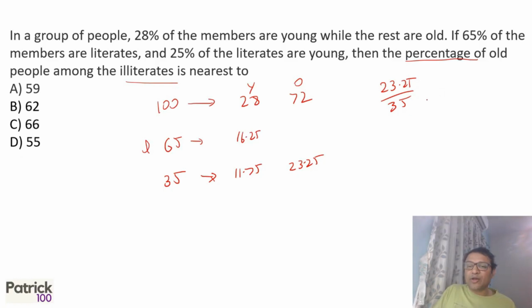Now you can solve it whichever way you want. One way is 10%, 20%, 30%. 10% of 35 is 3.5, 20% is 7, 60% will be 21.